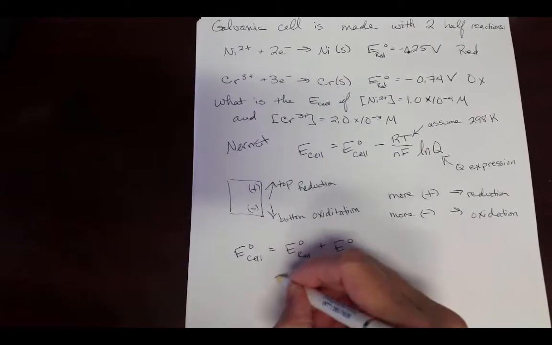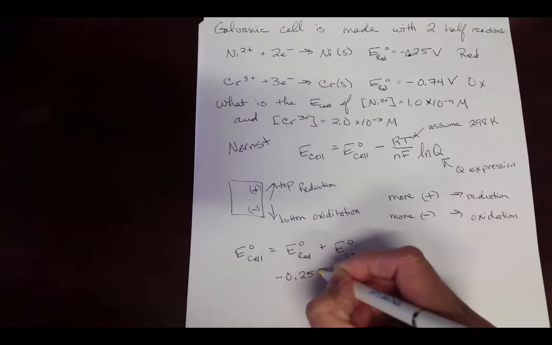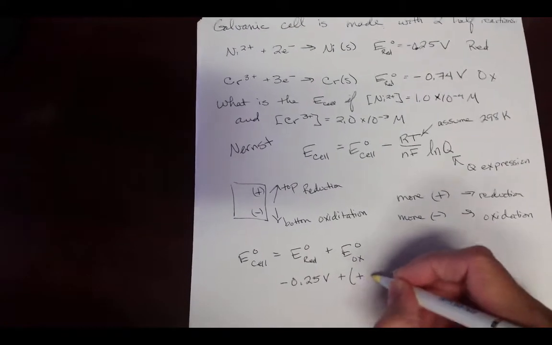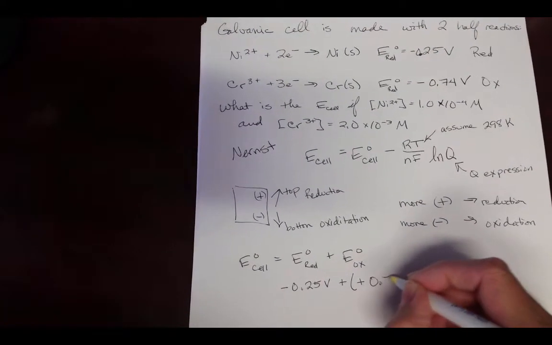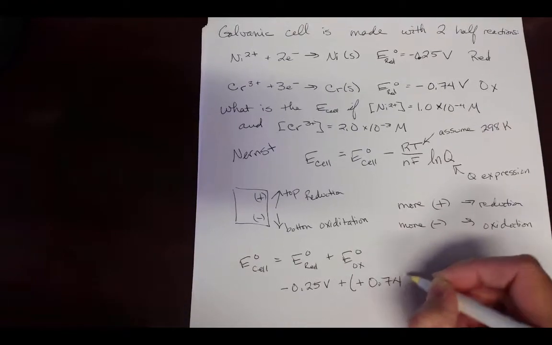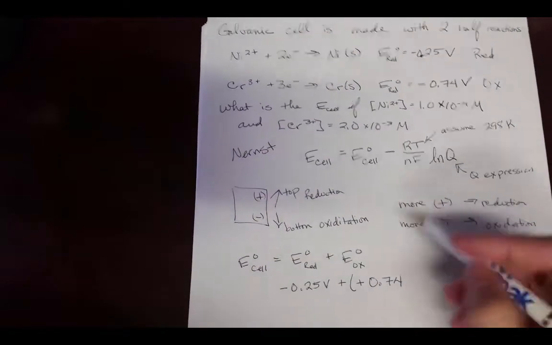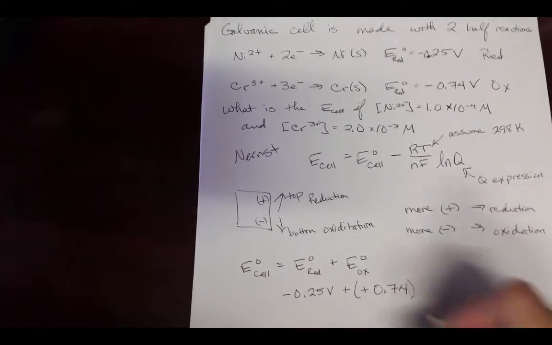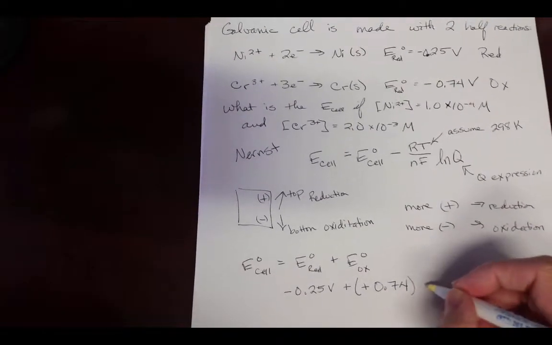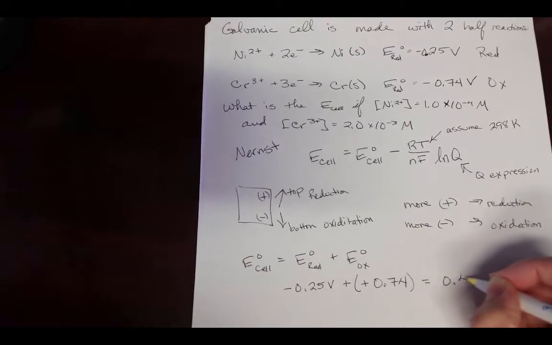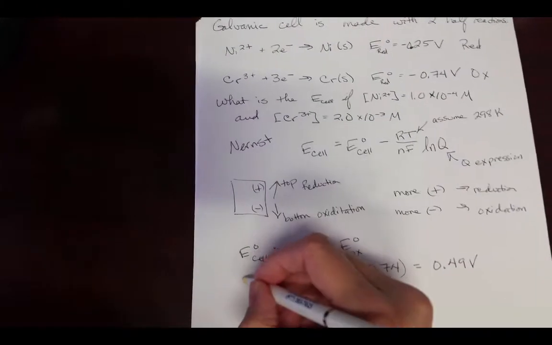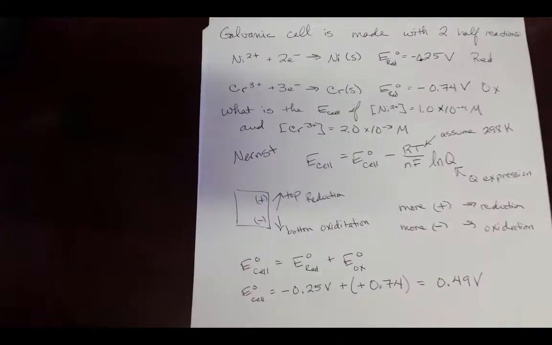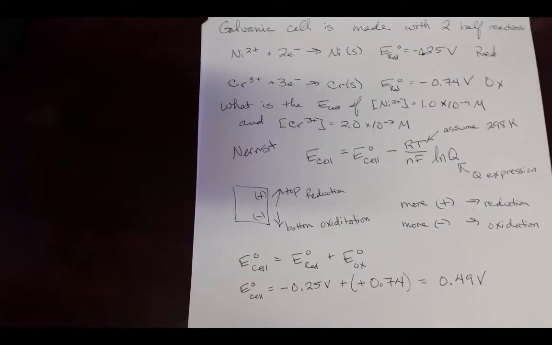So I get to use one of those exactly as is, but that other one, I actually need to switch the sign because it's written the wrong way for what I'm actually looking at. So I do need to go ahead and take one of those and change my signs. And that way, when I do that, I get my E standard for the cell as 0.49 volts. So I have my E standard for the cell. So I've got one of my components. So far, so good.